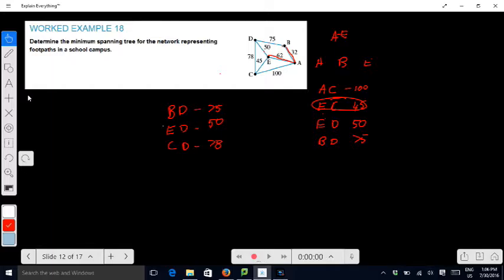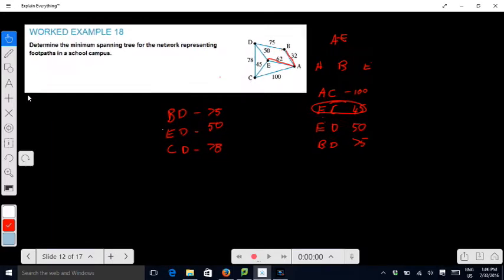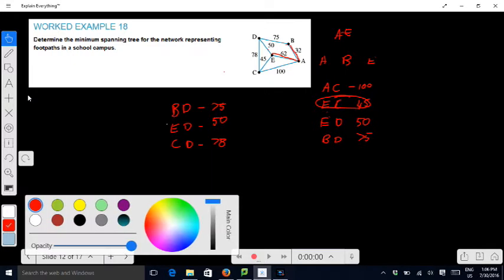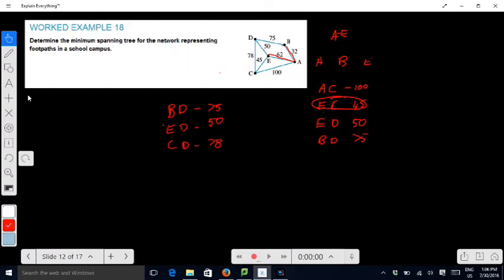So I want to start with A and B, which was 32. I want A and E, which was 62. I want E and C, which was 45.